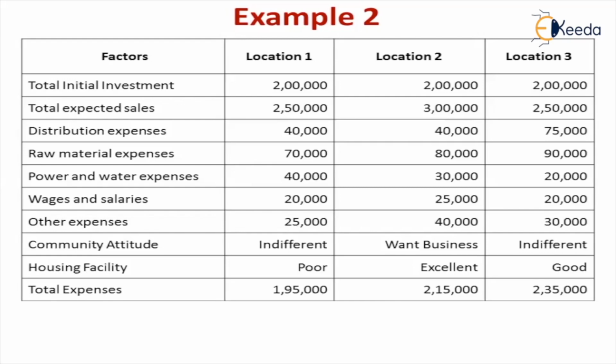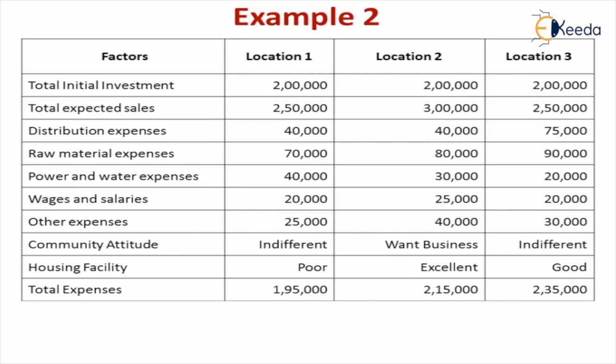The distribution expenses, raw material, power, water, wages and salaries, other expenses. These expenses are summed together to give 1,95,000 in location 1, 2,15,000 in location 2, 2,35,000 in location 3. So now I have 3 details: investment, sales, expenses.